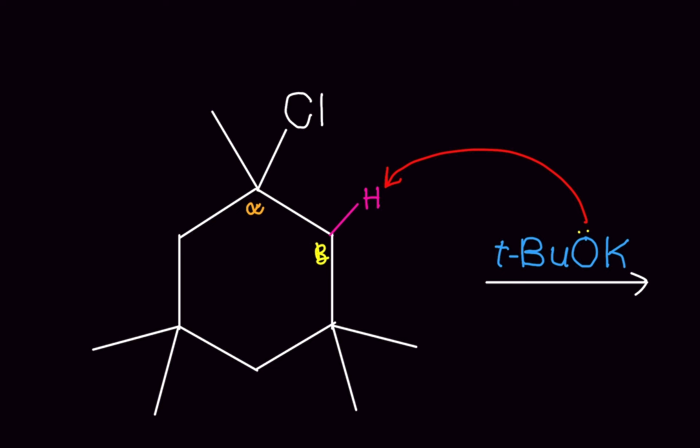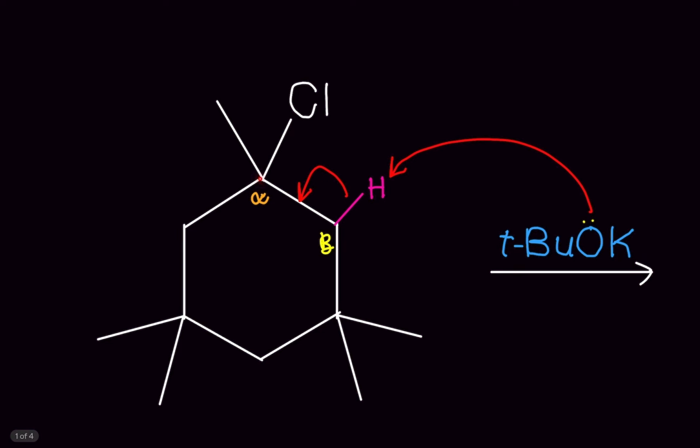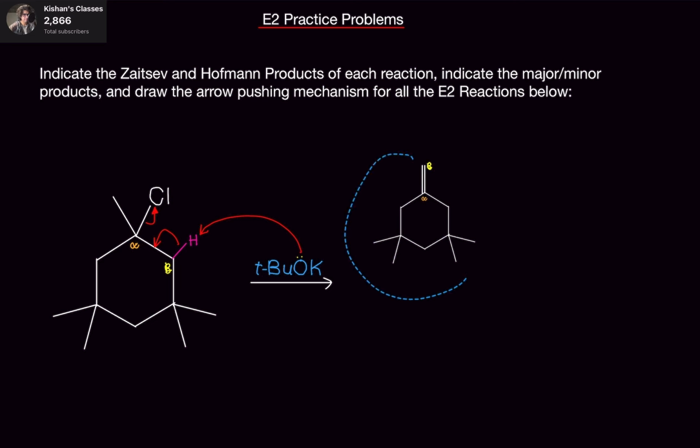So let's draw an arrow to indicate that. And now the alpha carbon would have 5 bonds, right? 1, 2, 3, 4, and the double bond 5. So something must leave, and that's always the alkyl halide. So we draw the arrow to show it leaving. So then what we're left with is, let me just copy this.